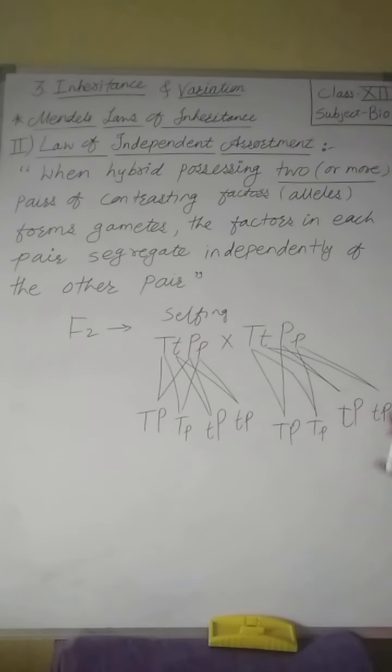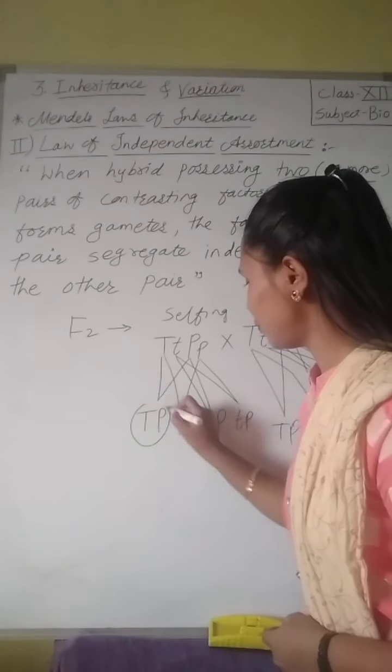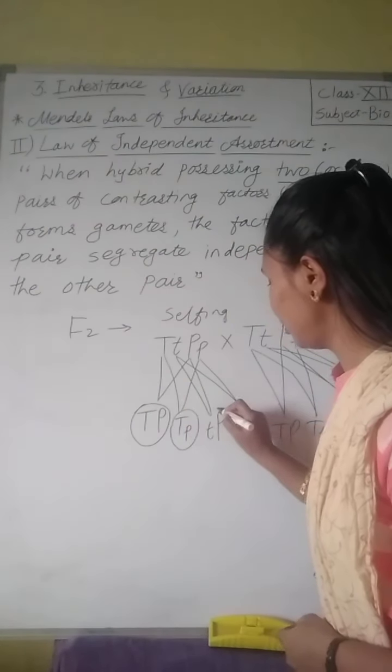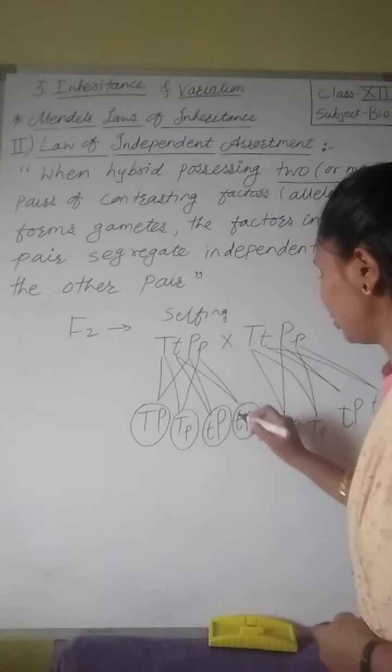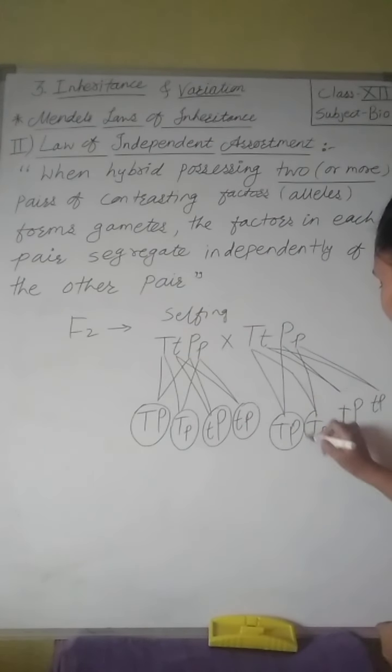Okay, so this type of four gametes we will take: first, second, third and fourth. Same here also, first, second, third and fourth.